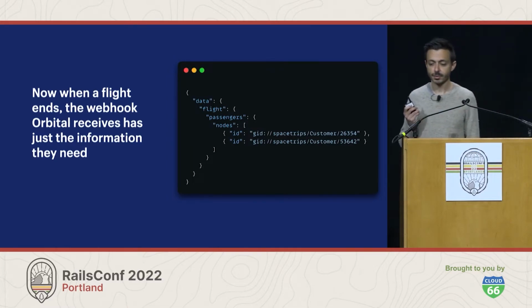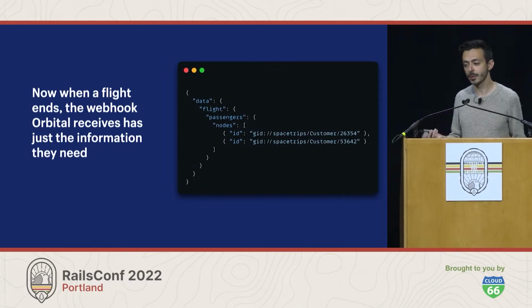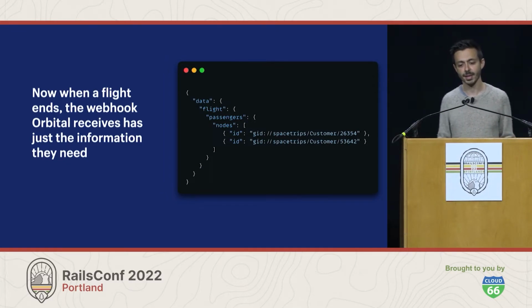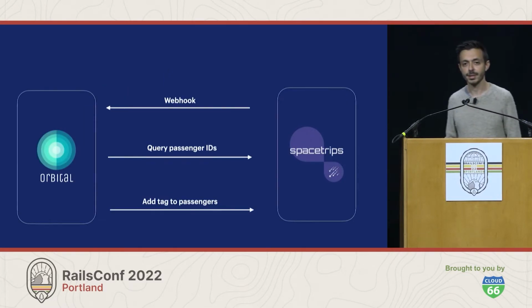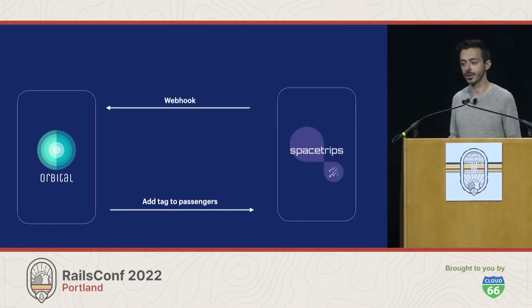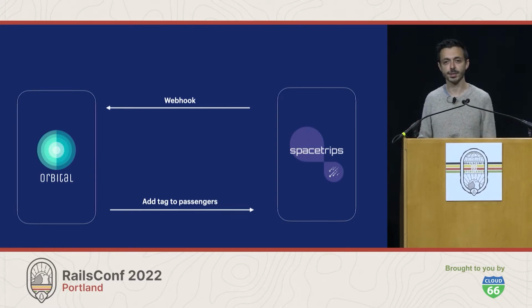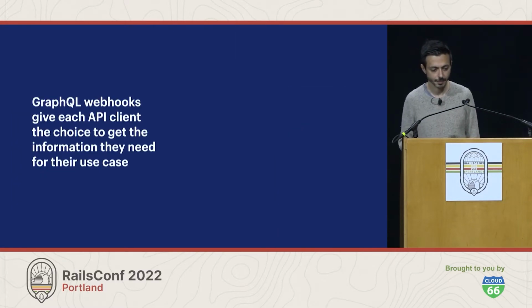Okay, so now we have the new webhook, and the webhook only has the information that Orbital needs, nothing more, nothing less. And this whole flow here that needed an extra request now doesn't need the extra request anymore. They have all the information they need on the webhook payload, and they can just add the astronaut tags to the passengers.